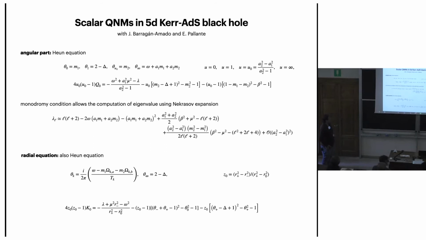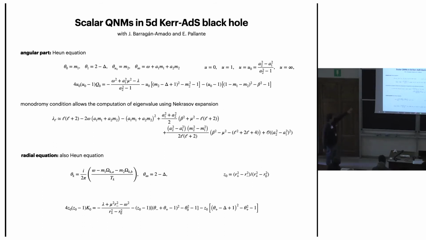Right. The 5-dimensional Kerr-AdS black hole is sort of a perfect test bed for this, because the equation that you have is purely a Heun equation, and the parameters that you get there are easily readable. For the angular part, you see that the theta parameters, which correspond to the single monodromies, have a very easy interpretation.